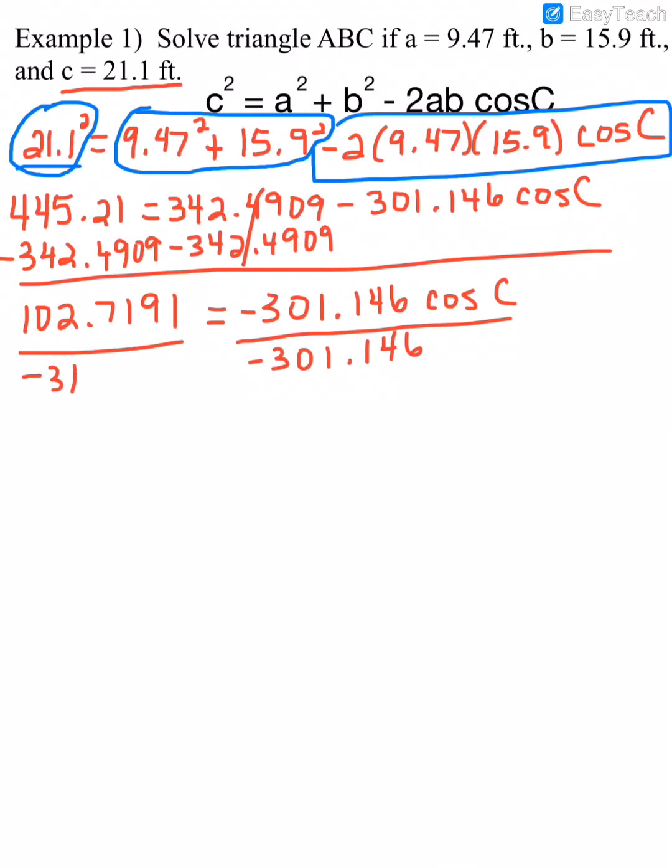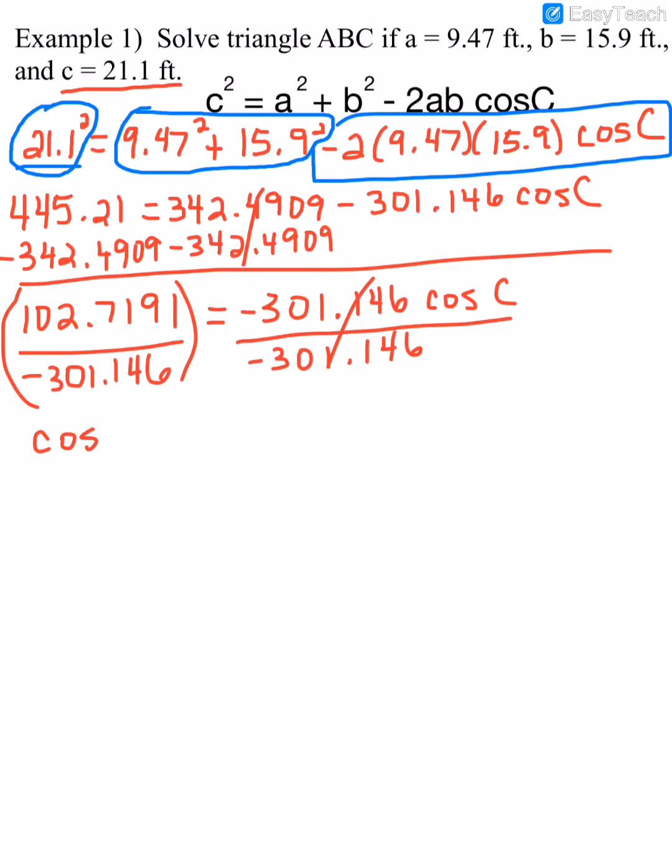I wouldn't put this part in my calculator just yet, because anytime we're doing something like this we don't want to round, and if I put this part in my calculator right now, I'm going to get a really big decimal, so I would need to round to be able to take the cosine inverse of it. So I would leave this just like this. Then, to get rid of the cosine on the C, I need to take the cosine inverse.